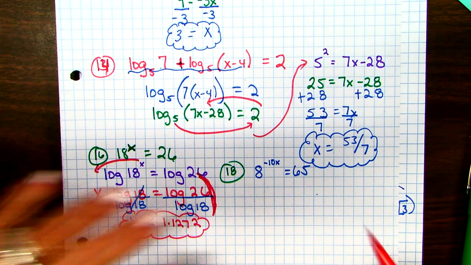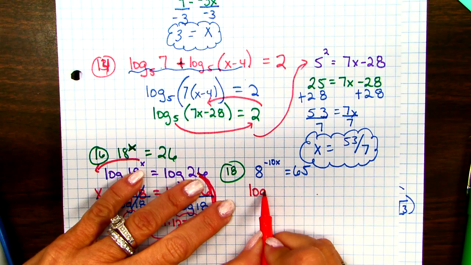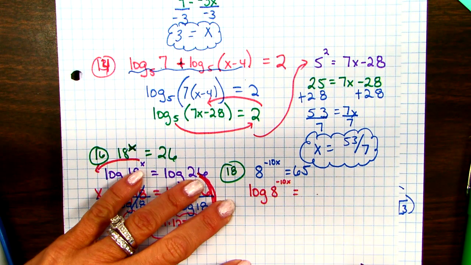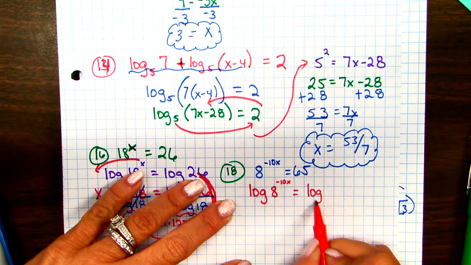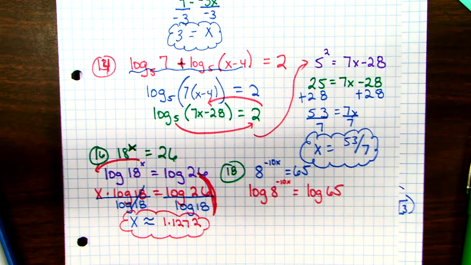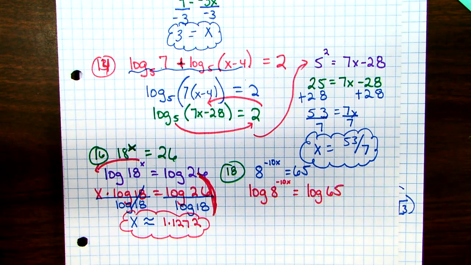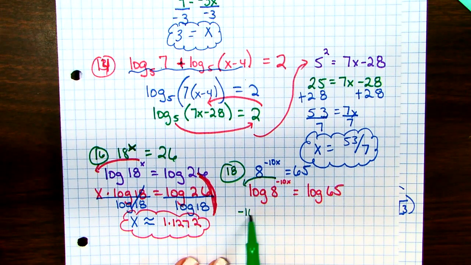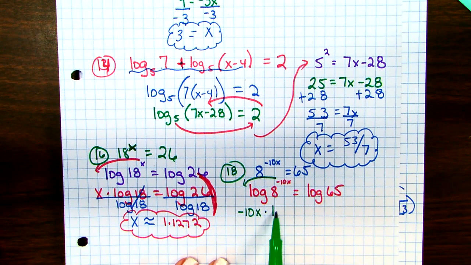Give both sides a log. Log 8 to the negative 10x equals log 65. Give it to both sides, which allows me now to bring the negative 10x down onto the ground to hang out with the logs.